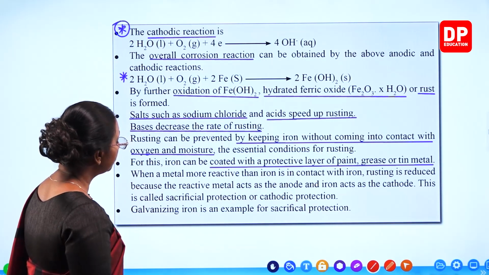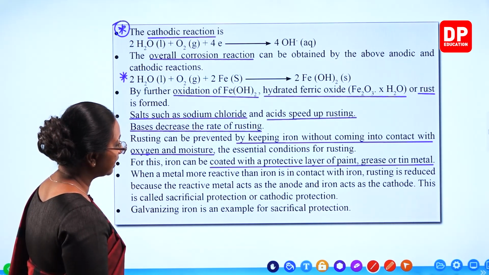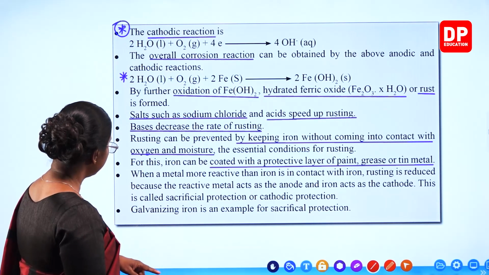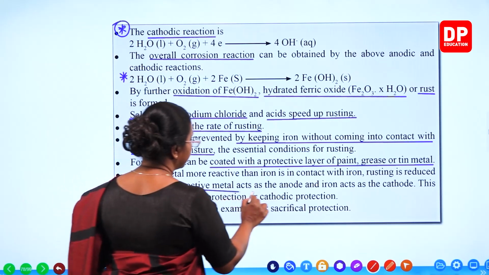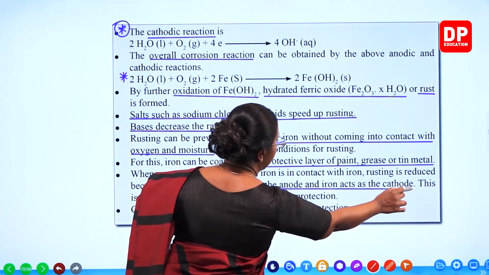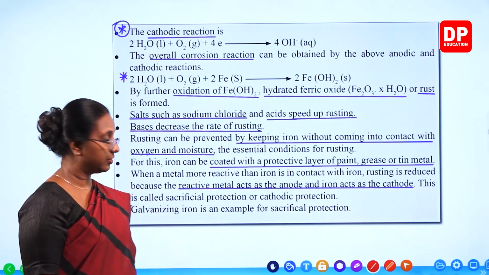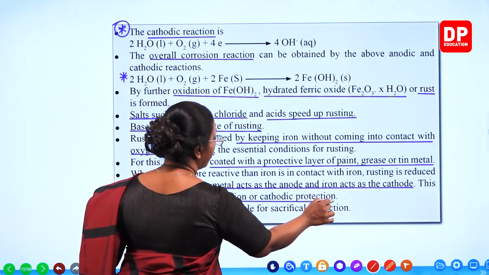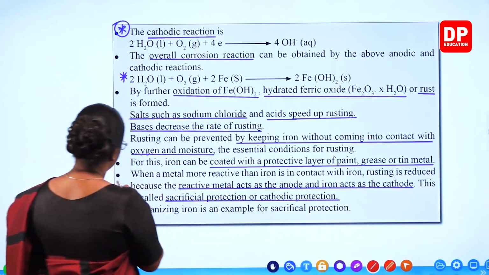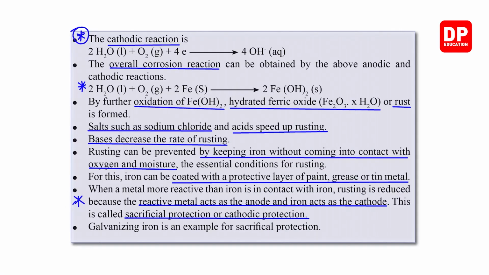When a metal more reactive than iron is in contact with iron, rusting is reduced because the reactive metal acts as the anode and iron acts as the cathode. This is called sacrificial protection or cathodic protection. You have to remember that as well. Galvanizing iron is an example of sacrificial protection.